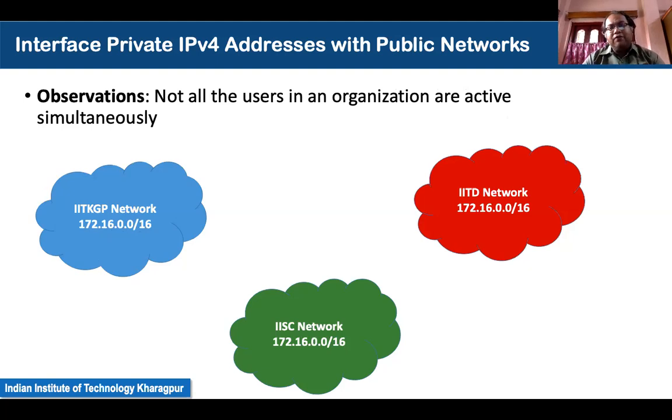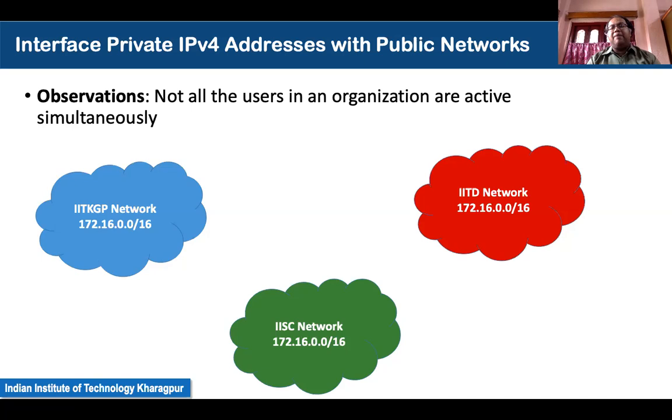Now here, one interesting observation is that not all the users in an organization are active simultaneously. If you look at the users in the IIT Kharagpur network, we have a very large campus with around 10,000 residents. So ideally, we would need at least 10,000 different public IP addresses.